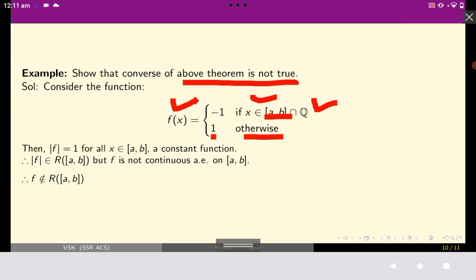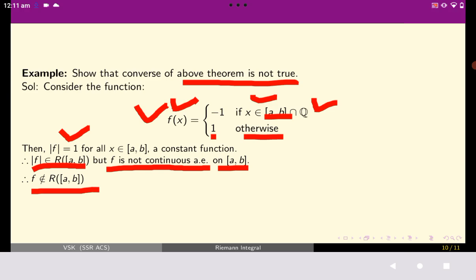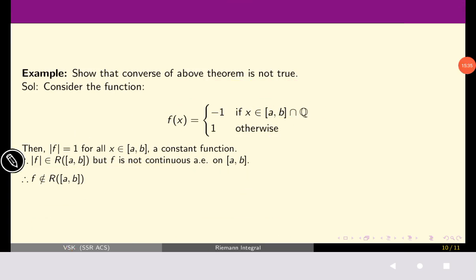In this case, modulus of f is equal to 1, a constant function, and a constant function is always Riemann integrable. So modulus of f is Riemann integrable over AB. But f is not continuous almost everywhere because of this definition on AB. So f is not Riemann integrable. So this example shows that the converse of the above theorem is not true.